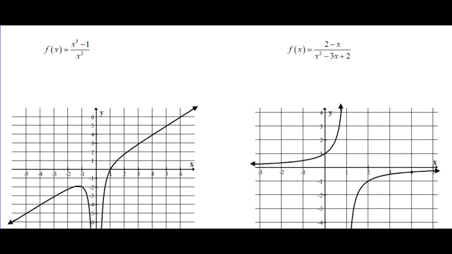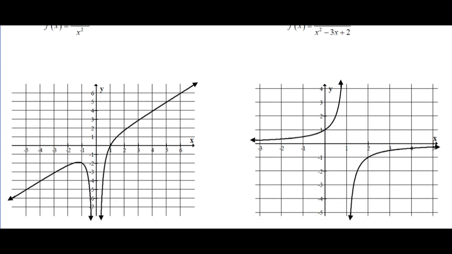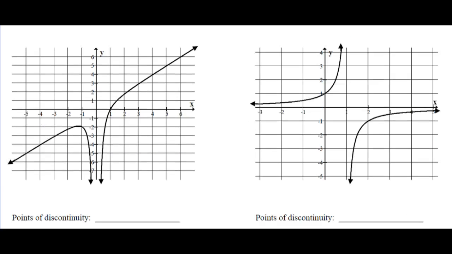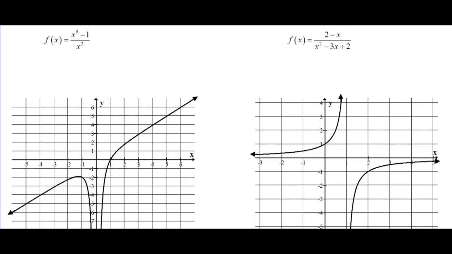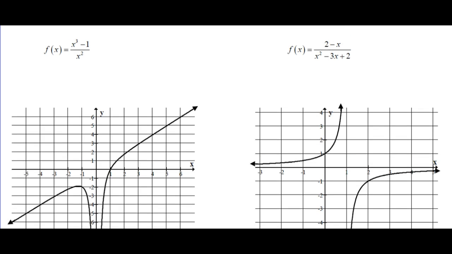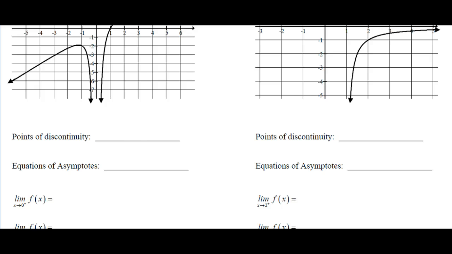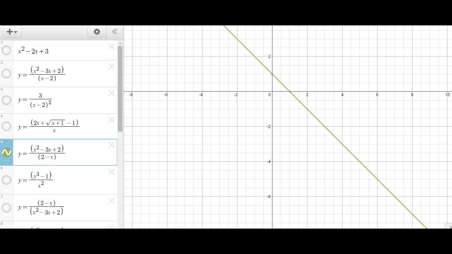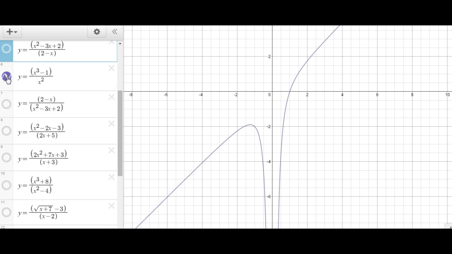Okay, next. x cubed minus 1 over x squared. Okay. So is there a point of discontinuity? Let's take another look. Okay, there it is.